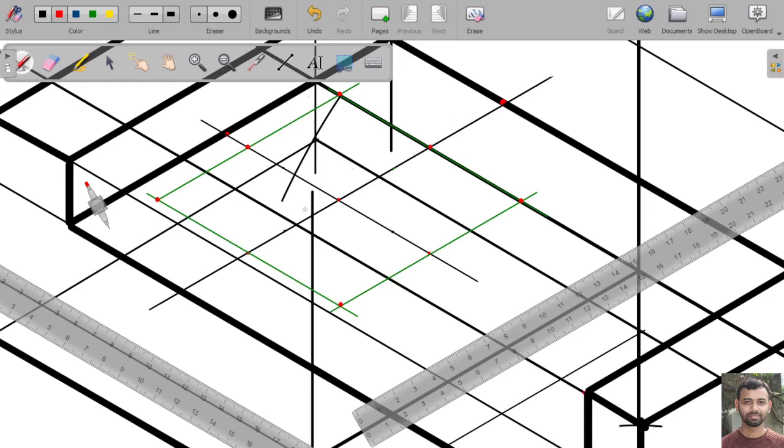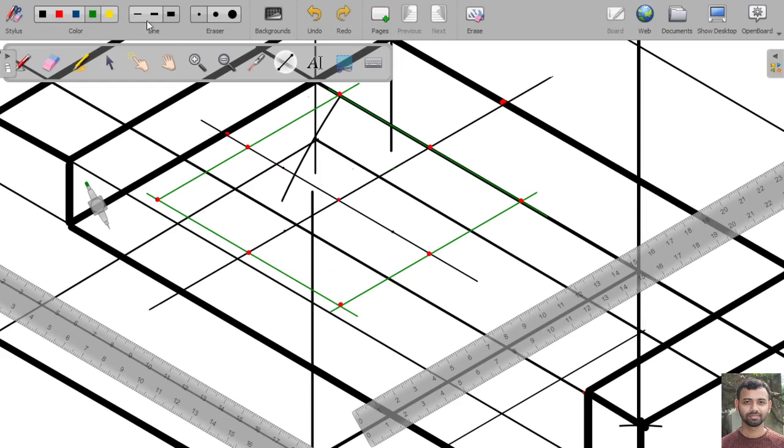Similarly, for this corner point, opposite to it we have these adjacent lines, and we will find out the midpoint of each of them.